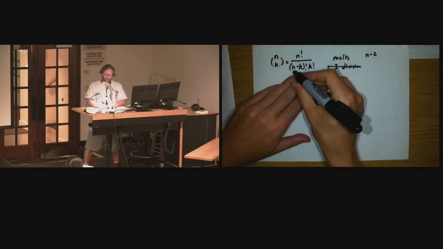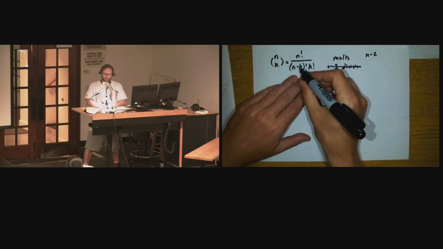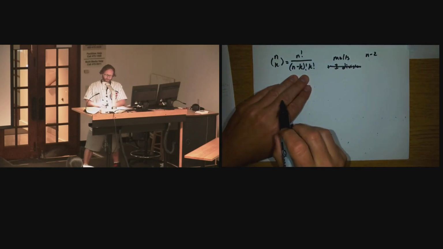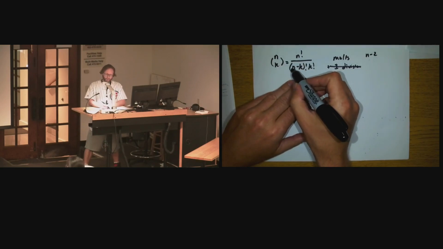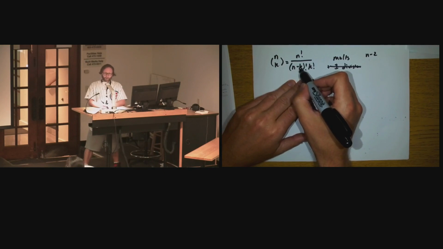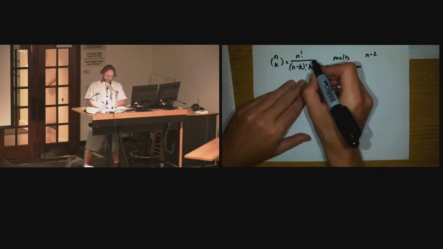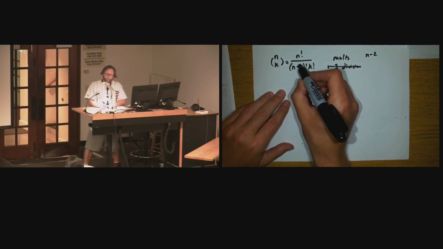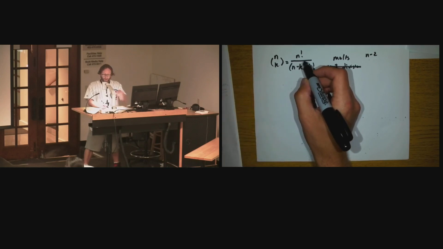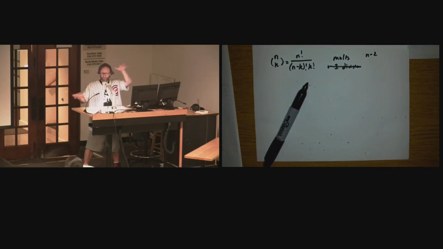What about this? n minus k factorial. Wait a second. Maybe we could get away with not having to do a lot of these. Because a lot of these lower order terms are going to cancel out entirely, right? So if you count the number up here, take out the number down here that you're dividing by, so that you don't have to compute a big multiplication and a big multiplication and divide them.